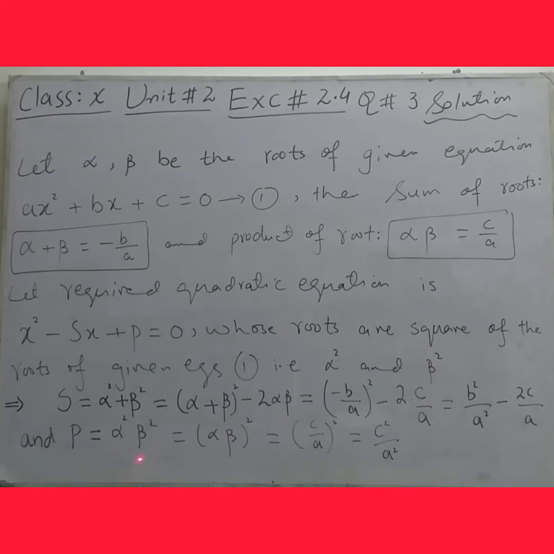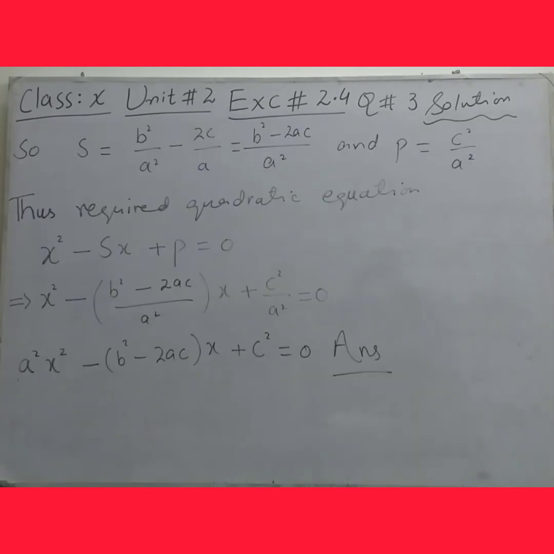Alpha square beta square can be written as alpha beta whole square. So here we will put the value of alpha beta, which is c by a. It will become c by a whole square, that is equal to c square by a square.